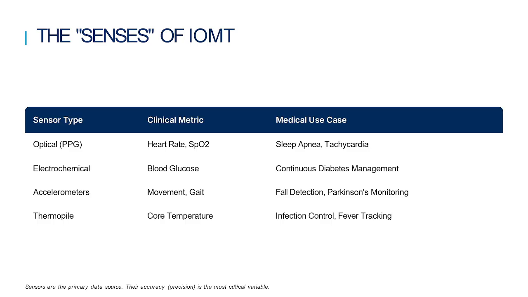Electrochemical sensors are used for continuous glucose monitoring in diabetic patients. Accelerometers detect falls or monitor gait disorders such as Parkinson's disease. Thermopile sensors measure body temperature and aid infection monitoring.